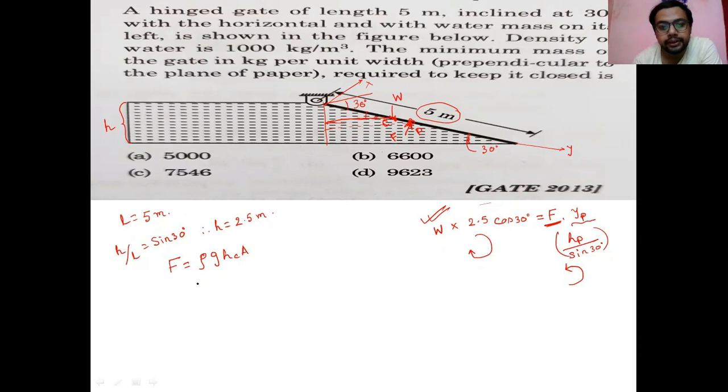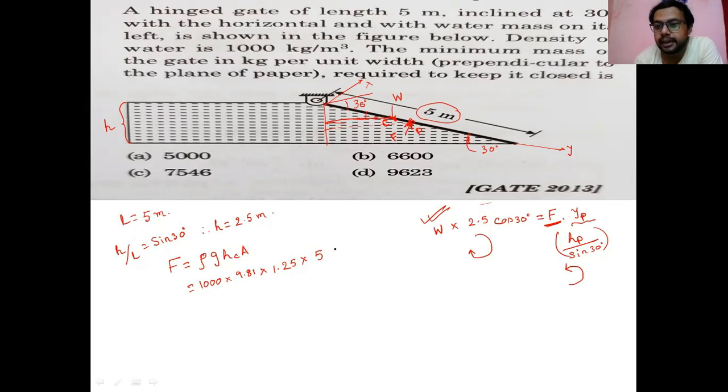What is rho? Here, the fluid is water. So 1000 into 9.81, into hc. Because h is equal to 2.5, hc will be 1.25, 2.5 by 2. The total h is 2.5, so the centroid is at the mid position, 1.25, into this area.